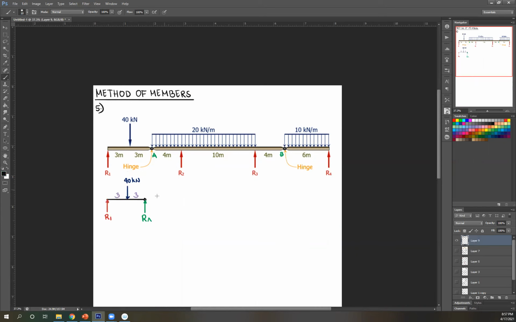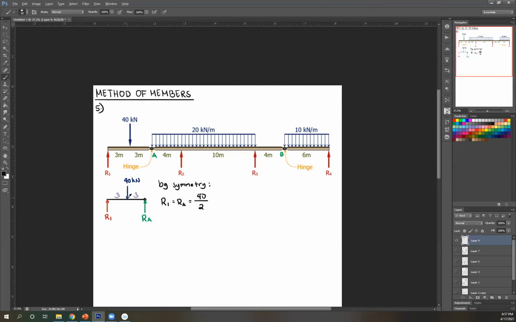So it's easy to solve for R1. So by symmetry, okay, R1, left equals right. So R1 equals RA. And these two reactions will just share the load, meaning total load divided by 2. So that's just, the total load is 40, so 40 over 2.